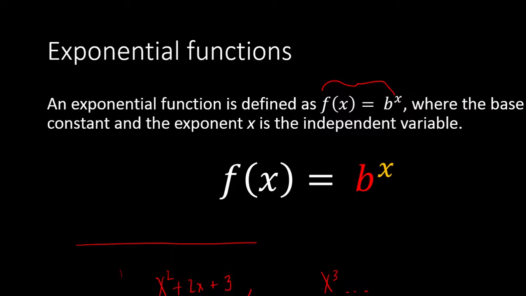You never had an x in the exponent or a variable in the exponent. In the case of exponential functions, notice that x is always going to live in the exponent and not in the base. That's what causes this behavior to change and not be constant. So again, b will be our base, x, the variable, is our exponent. This is an independent variable.